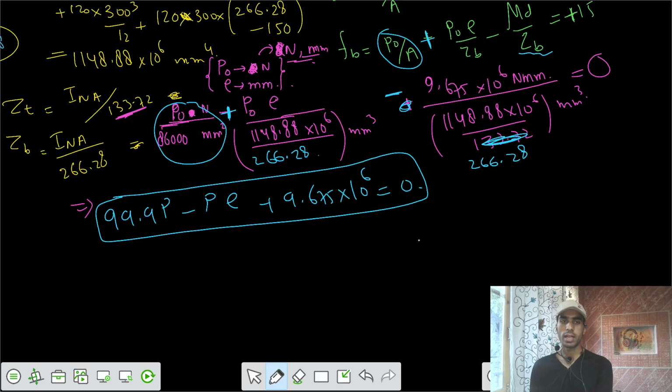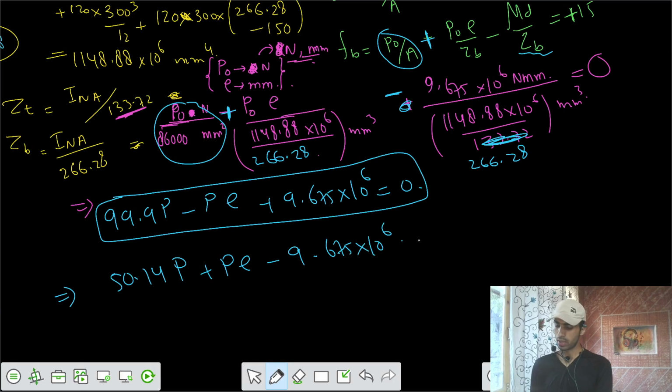After that we have the second equation. We can get the second equation as 50.14 times P plus P times E, then negative 9.675 times 10 to the power 6, and that equals 64718341.6.